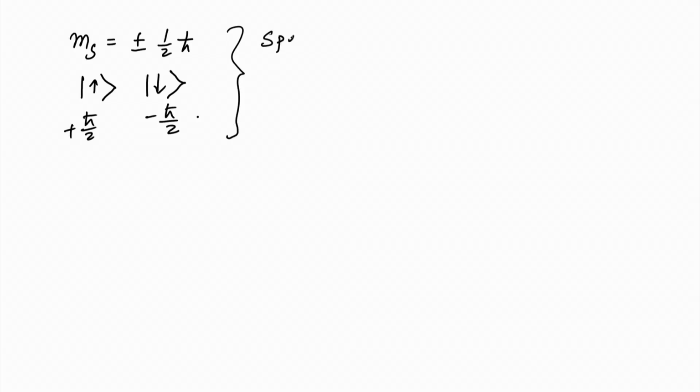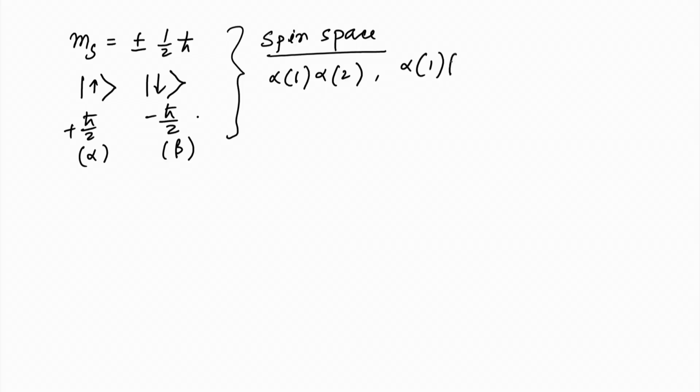The spin space, or direct product space, is either written with alpha and beta: alpha 1 alpha 2, which means both are in up spin states; alpha 1 beta 2, one in up and the other in down; beta 1 alpha 2, the first in down and the second in up; or both in down.